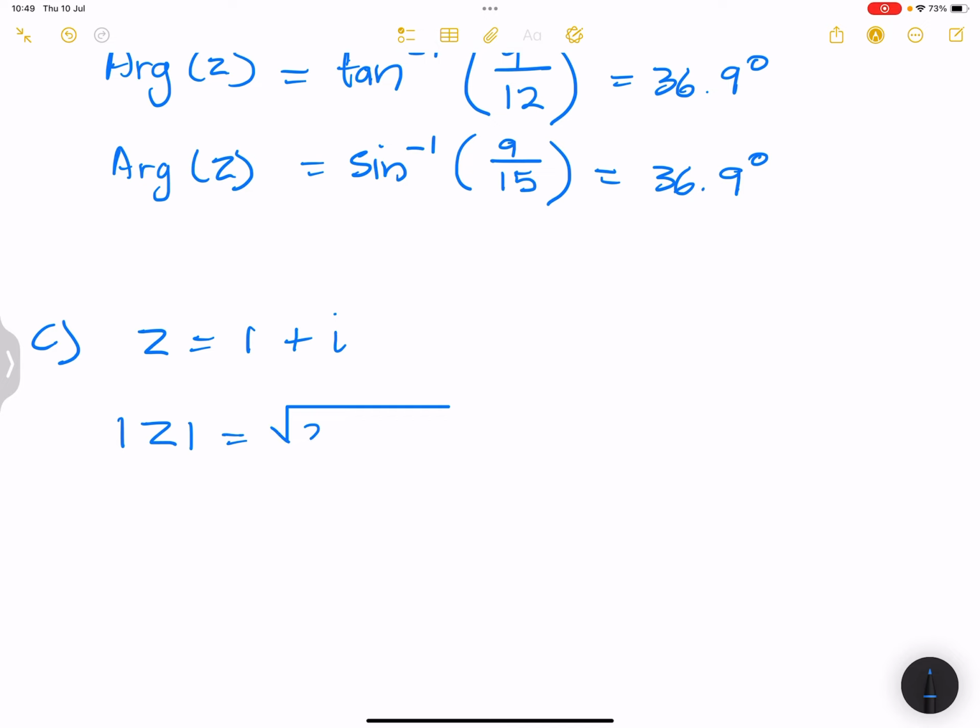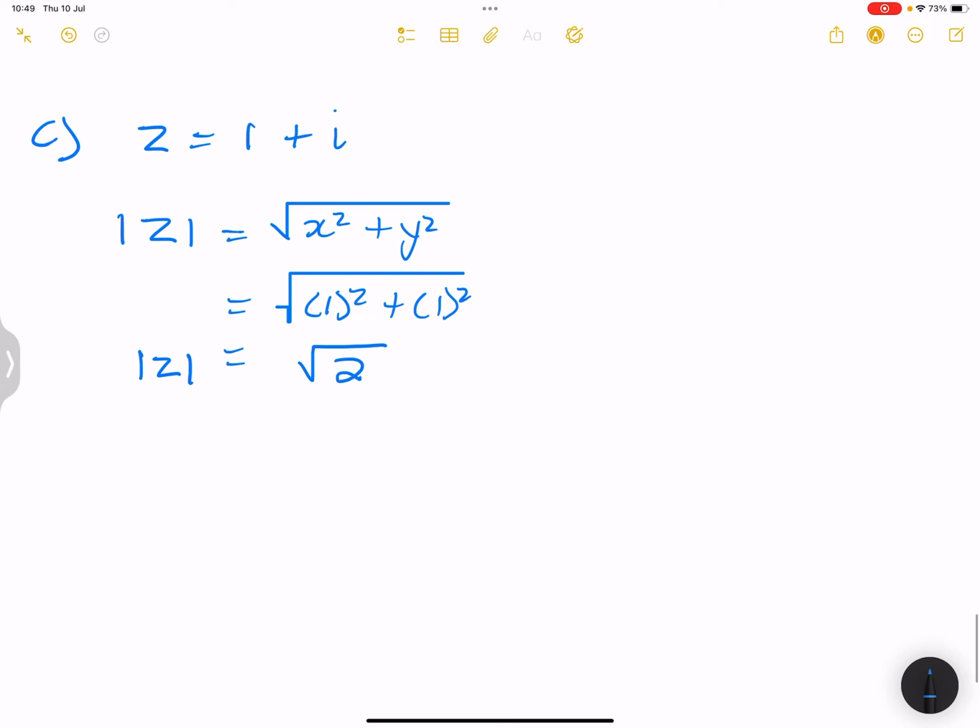It's the square root of x squared plus y squared. So 1 squared plus 1 squared, that gives you 2. So you end up with the square root of 2. Our modulus would be positive square root of 2.